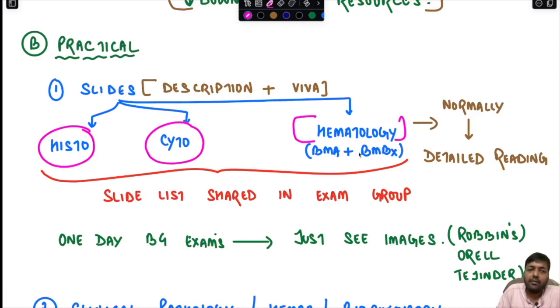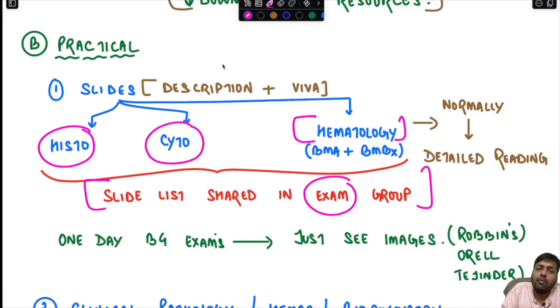Now remember, the list of which slides are important for your exam has already been shared in our exam dedicated announcement group as well as in the exam group. So basically the list is there, you just start seeing them. That is the only list. Okay, there is nothing to be added or removed from there. It is the final list.